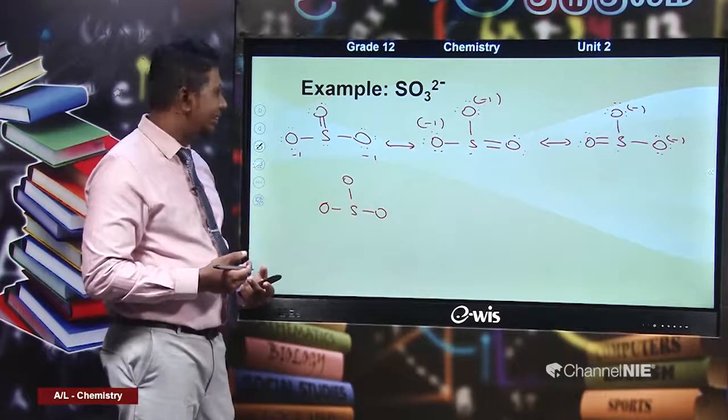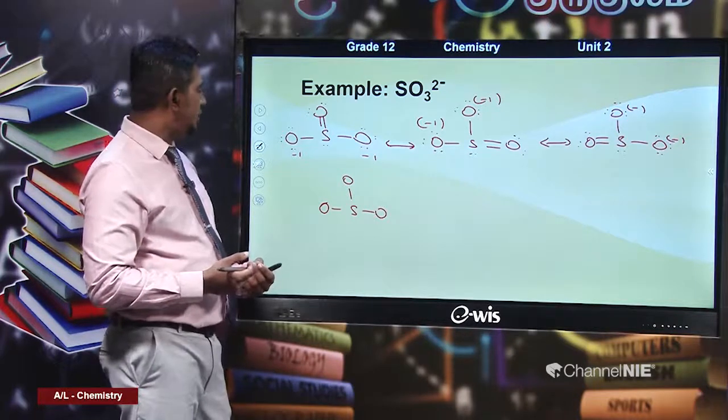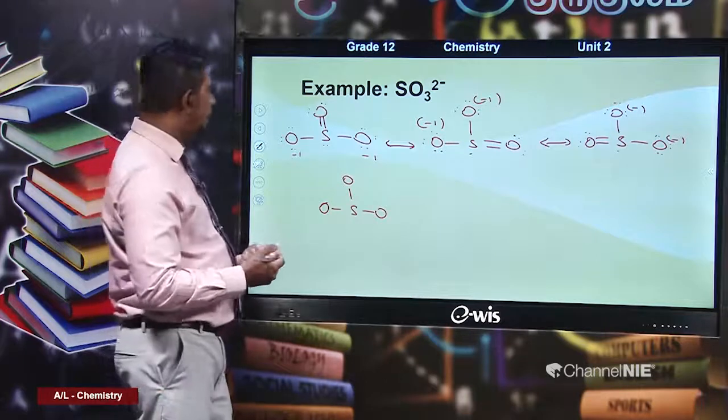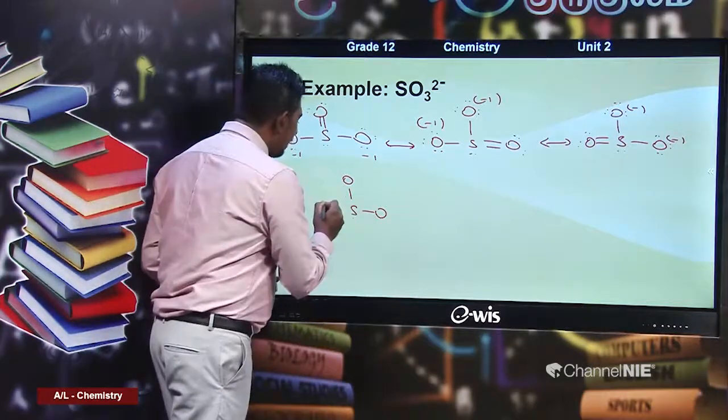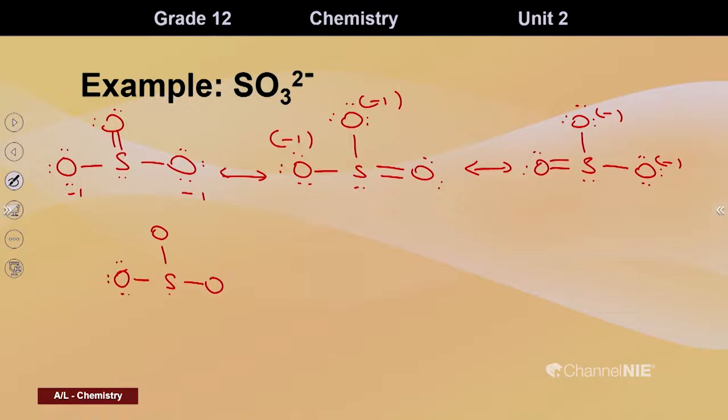Then, students, you could find at the very beginning, drawing something like this, you would get +1 as the charge here, and -1, -1, -1. This also we could consider as another resonance structure.